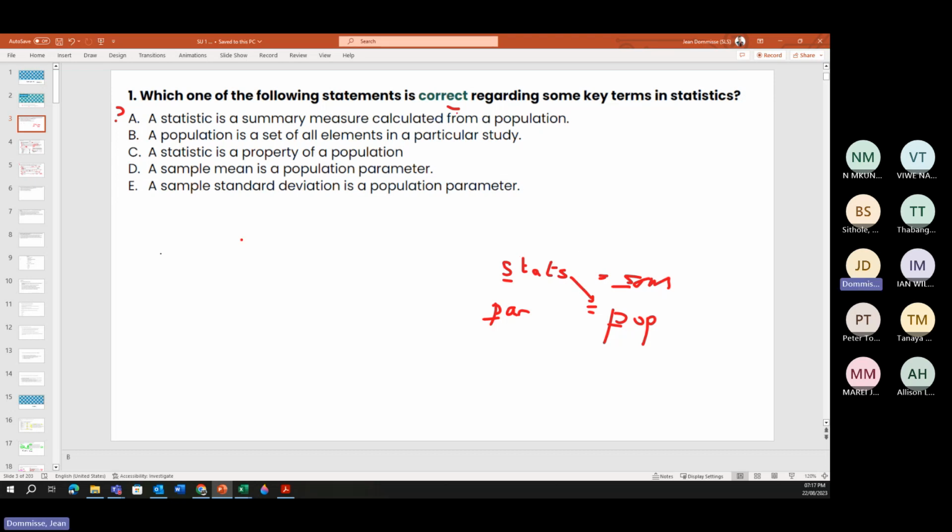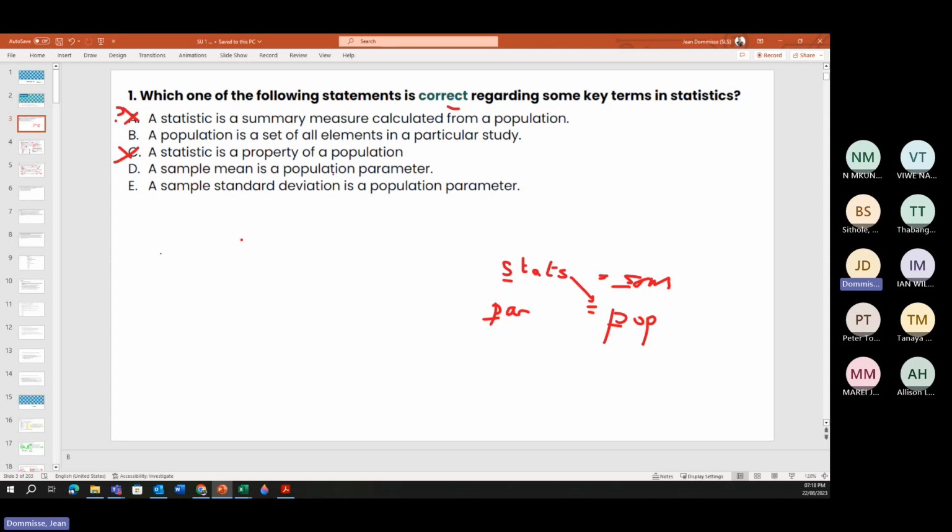So let's just mark that one. A population is a set of all elements in a particular study. Okay. A statistic is a property of a population. No, so that one is also wrong.